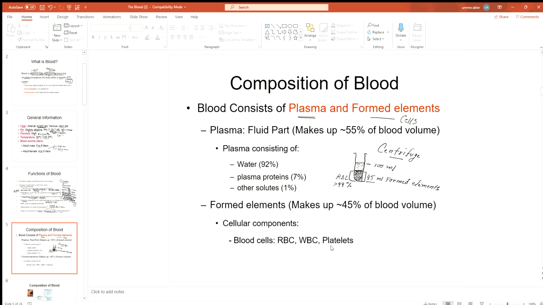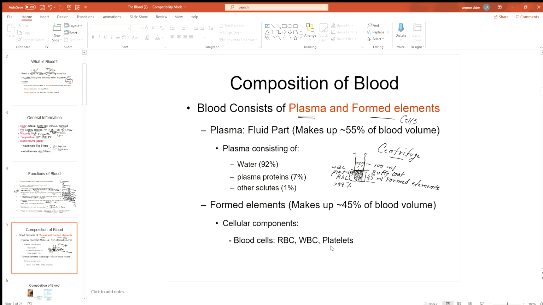Only a little less than 1% forms a thin coat here by the white blood cells and platelets. Okay, so this thin layer is formed by the white blood cells and platelets, less than 1% volume, and this is called buffy coat.